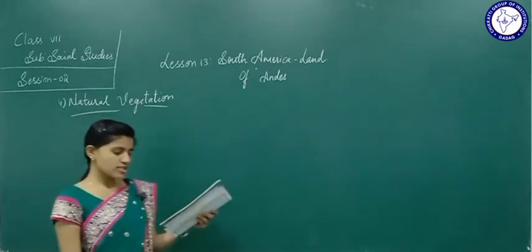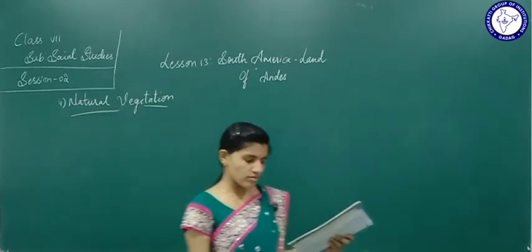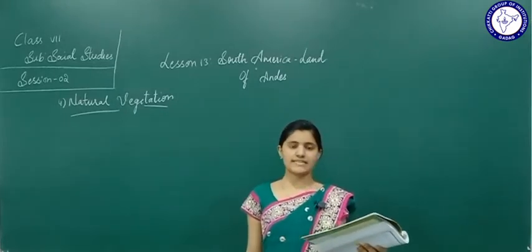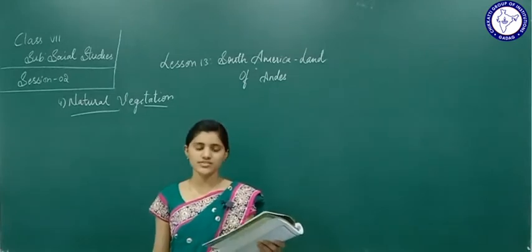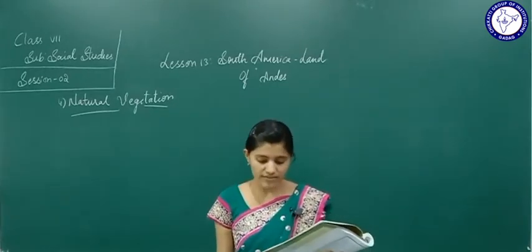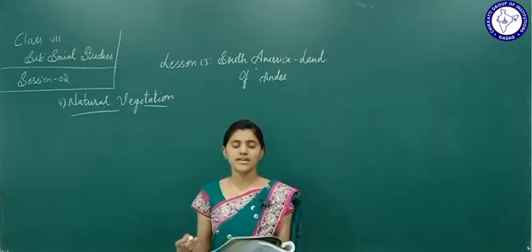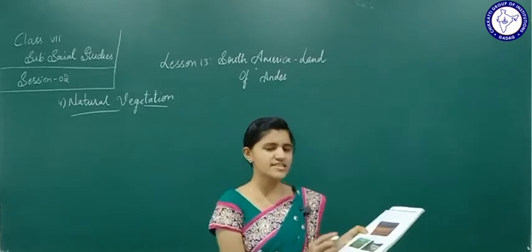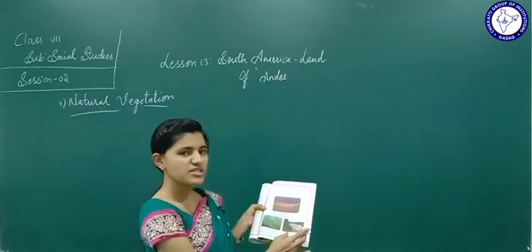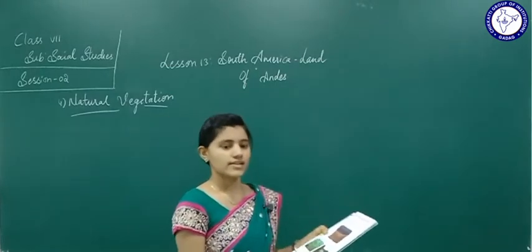The equatorial region of the Amazon basin has dense tropical rainforest. What kind of forest can we see in this equatorial region of the Amazon basin? We can find dense tropical rainforest. Here we can see the pictures of evergreen forest and selvas in the textbook.